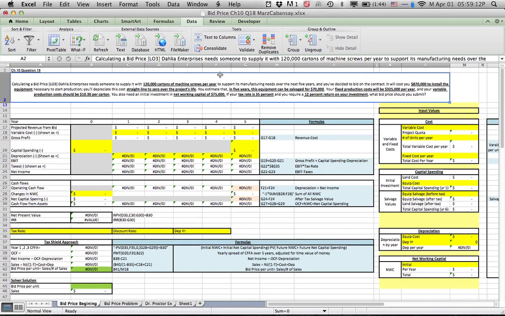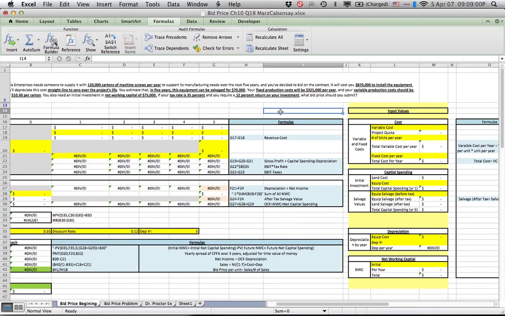You estimate that in 5 years this equipment can be salvaged for $70,000. Your fixed production cost will be $325,000 per year, and your variable production cost should be $10.3 per carton. You need an initial investment in net working capital of $75,000. If your tax rate is 35% per year and you require a 12% return on investment, what bid price should you submit?